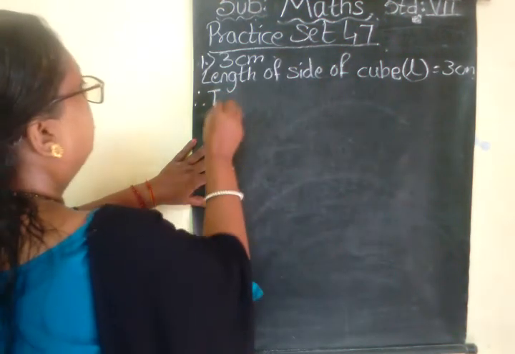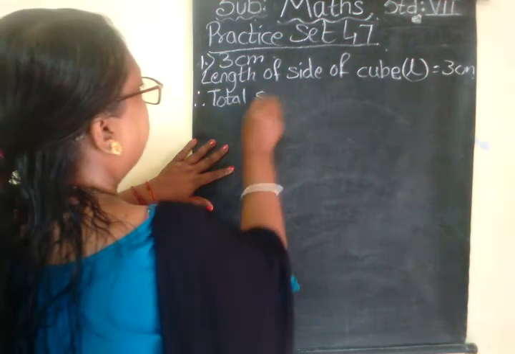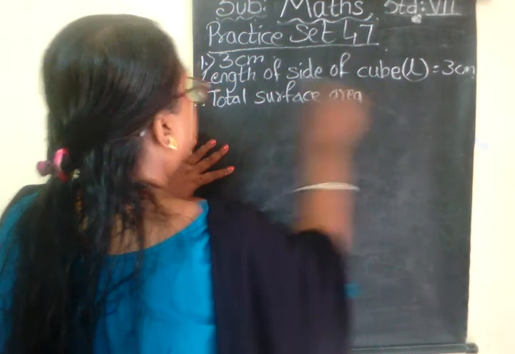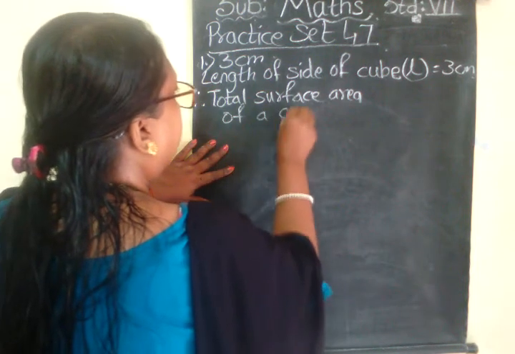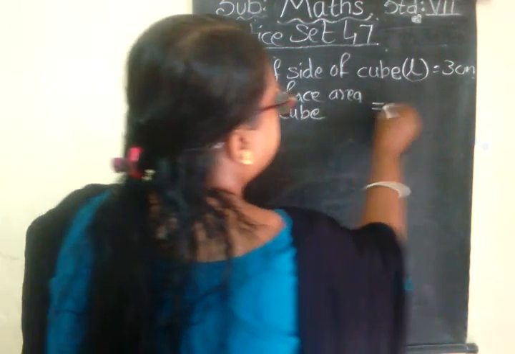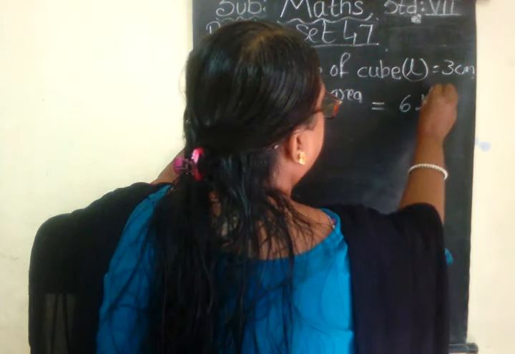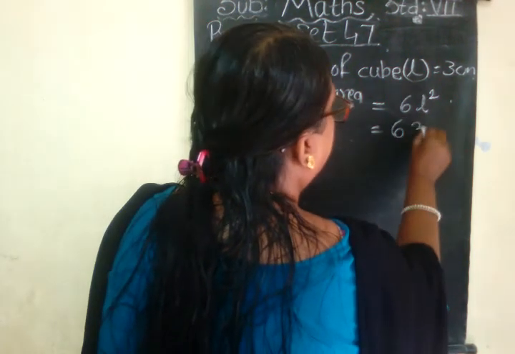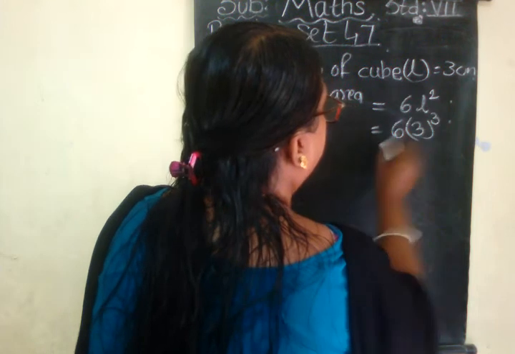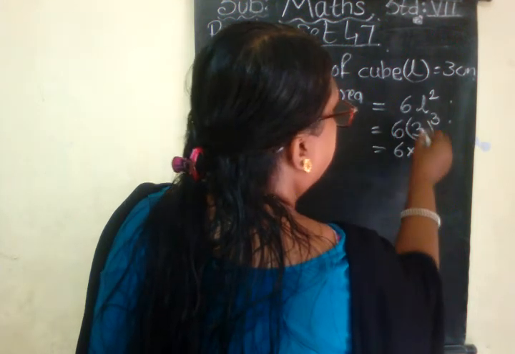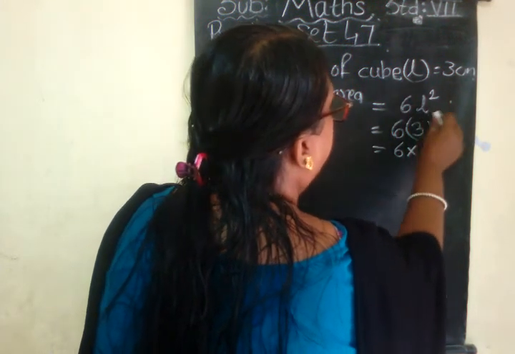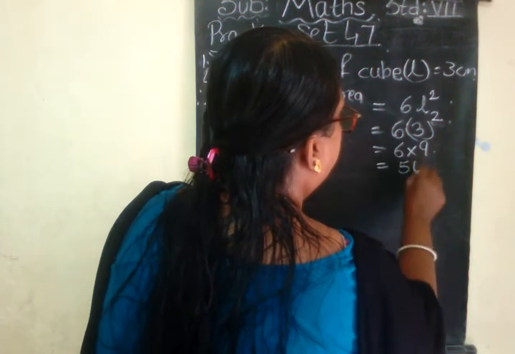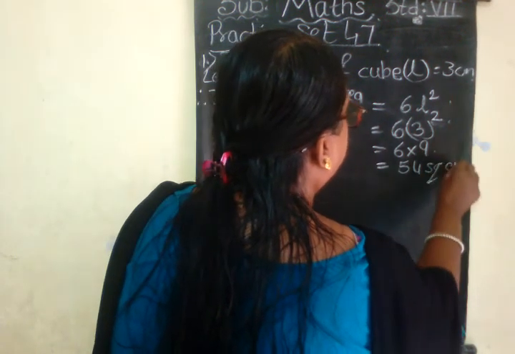Therefore, the total surface area of a cube, formula is 6L square, which gives us 6 into 3 the whole square. This gives me 6 multiplied by 3 square is 9. 6 9s are 54 square centimeter.